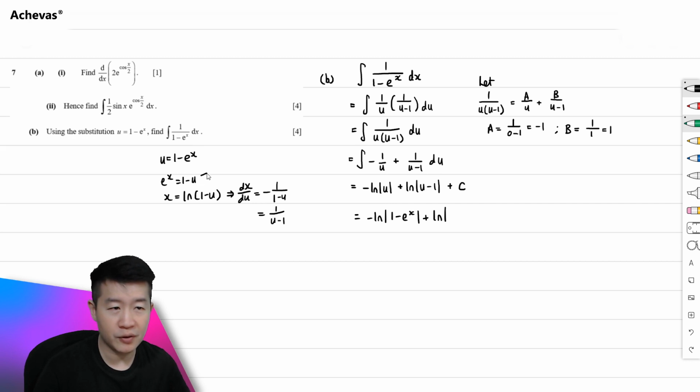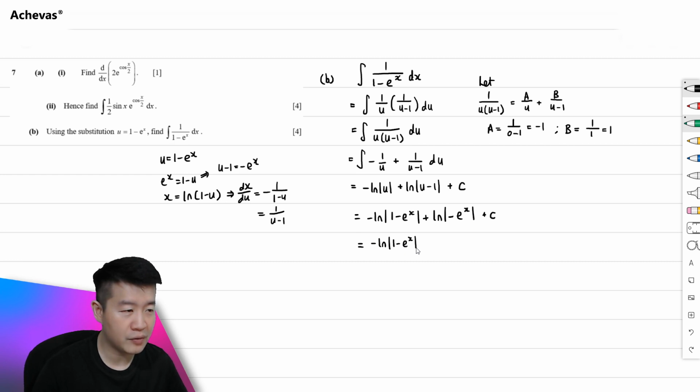U minus 1 from here will be minus e to the power of x, right? So u minus 1, I'll replace it by minus e to the power of x, then plus c. So this is minus ln of 1 minus e to the power of x, then plus ln modulus of this, which can be seen as modulus of minus 1, modulus of e to the power of x.